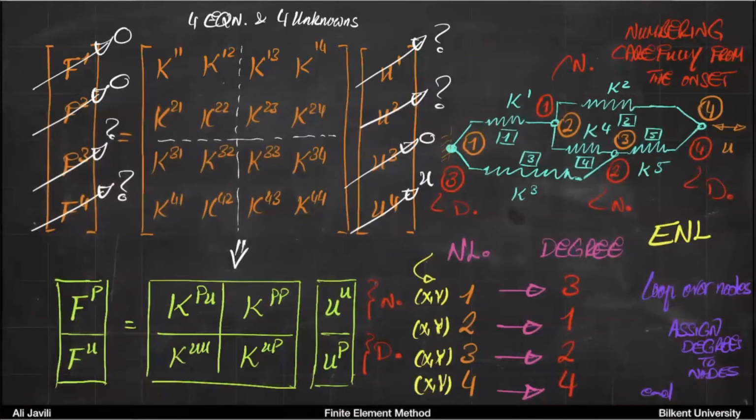Okay, so we know that these node numbers 1, 2, 3, 4 are just the node numbers and these are coordinates. The question is, what degree can we assign to them such that they give us a system like this automatically?